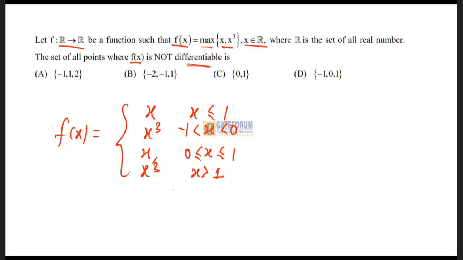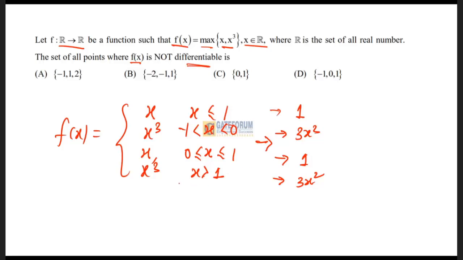When it comes to differentiability, this part will become 1, this will become 3x square, this part will become 1 and this part will also become 3x square on the same rule.